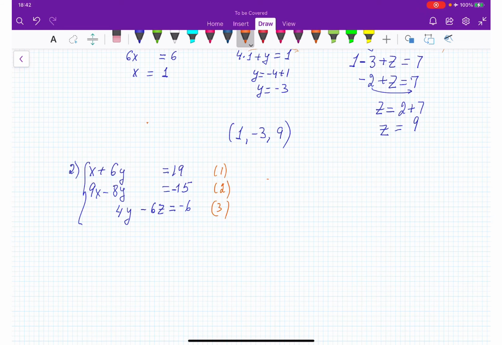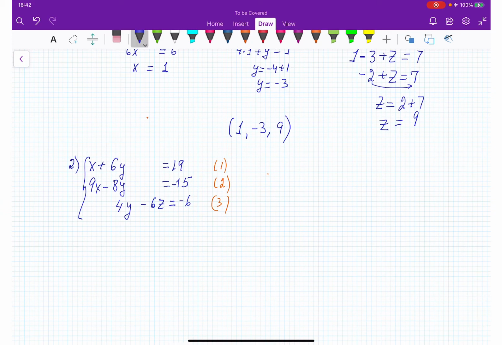Find out y. Why do I want to find y instead of x? Because in the third one I have only y and z. So if I find y from combining first and second, let's see. x plus 6y is equal 19. 9x minus 8y is equal negative 15.